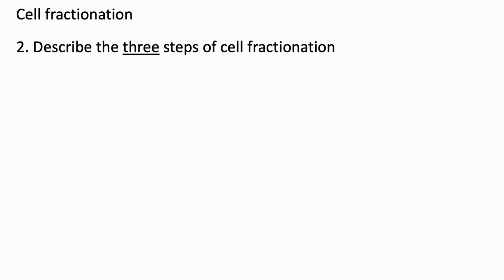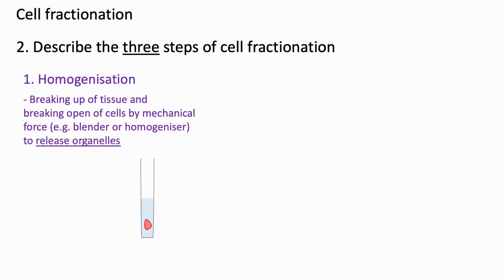So there are 3 steps to the cell fractionation process that you need to know. You also need to know about the solution that you use to carry out this procedure in, but we will cover all those things. So let's imagine we have a tube, we have our biopsy in that tube. The first thing we would do is carry out homogenization.